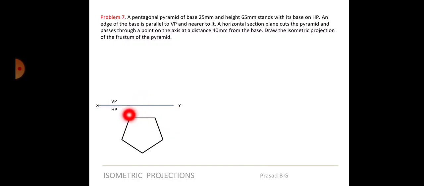But if I keep this upside down, the edge will come here. That means the edge will be far from the vertical plane. So the statement says very clearly the edge of the base is parallel to VP and nearer to it. That means this edge should be parallel, plus this should be the first edge towards the XY line.